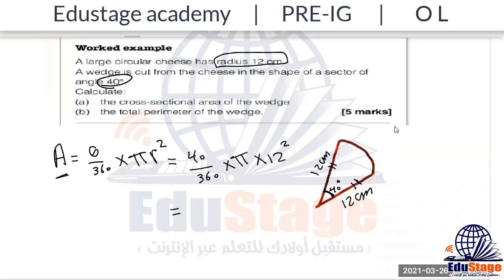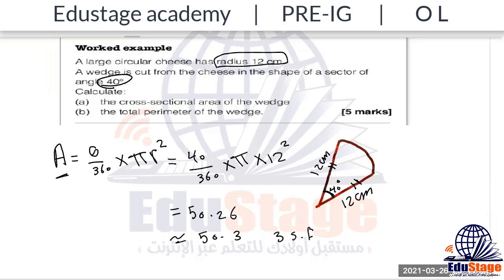50.26. Muhammad Aslan, you forgot to put 12 squared. Yeah, I forgot. Okay, so who calculated? Sir, is it 50.26? Yes, you can write it like this: 50.3 to 3 significant figures.